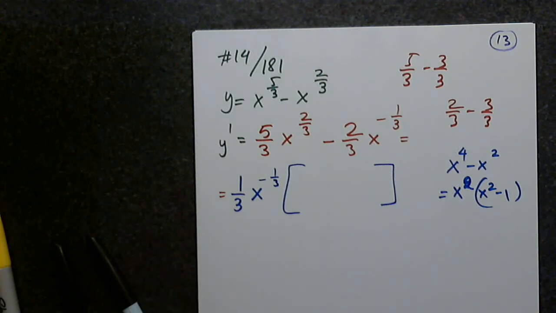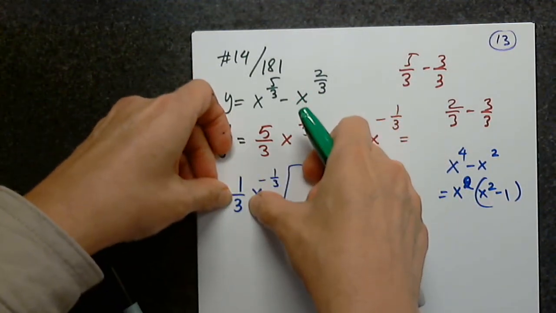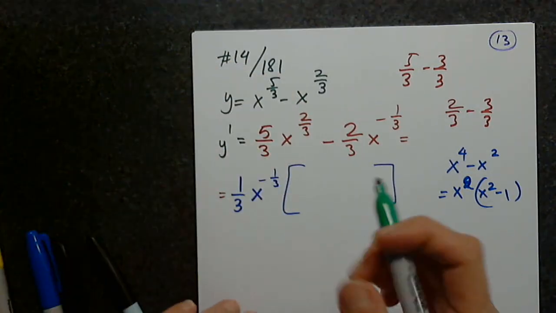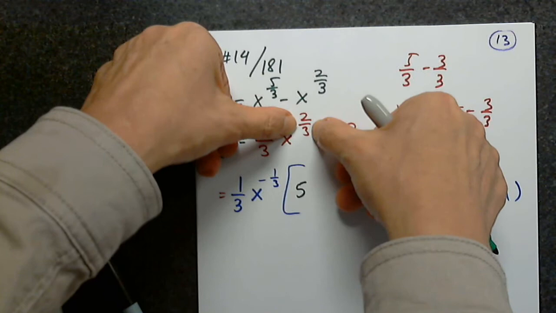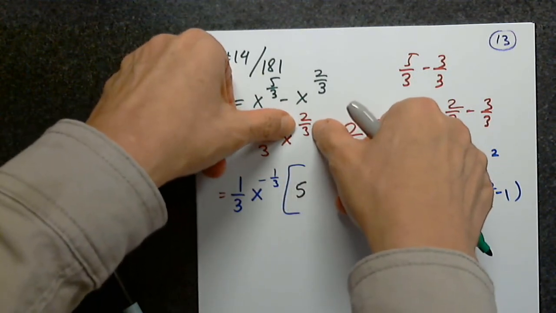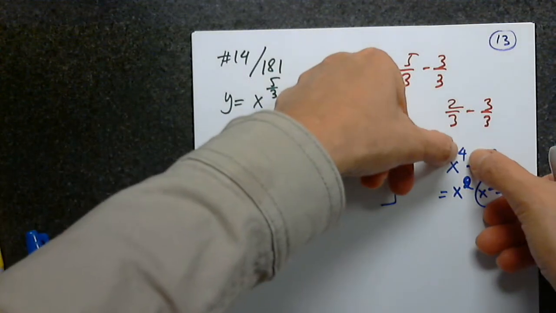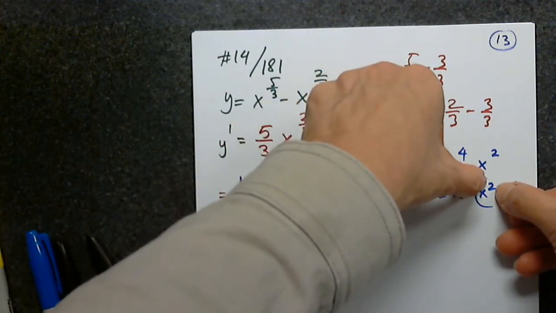Perfect. So what is left now in brackets? From 5/3, I removed 1/3. What is left? 5 indeed. From x to 2/3, I remove x to negative 1/3. So from the power 4, I subtracted power 2 to get power 2.